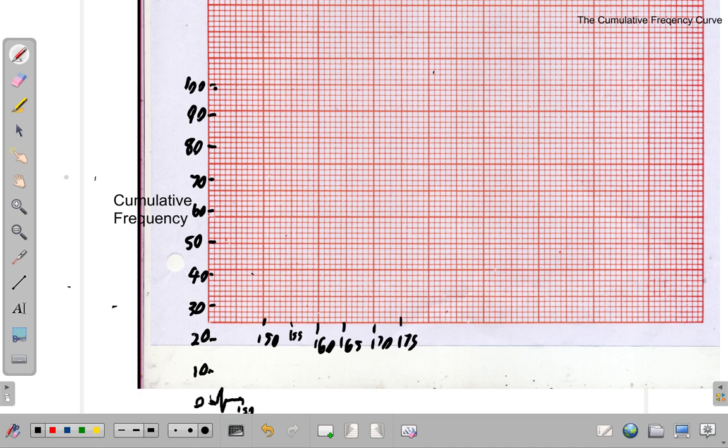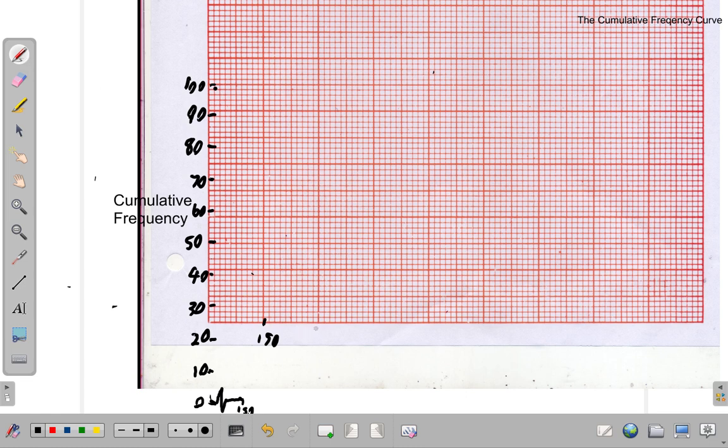You would finish too early. You wouldn't be using up the graph paper. I had tried 1 centimeter to 5 units. Let's not bother with that. It makes the line too short.